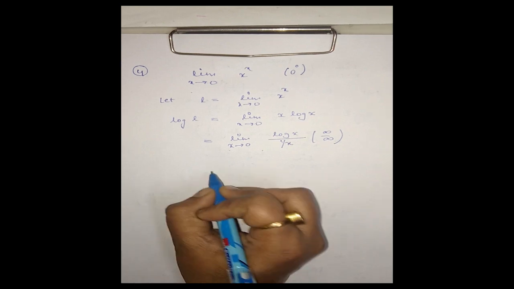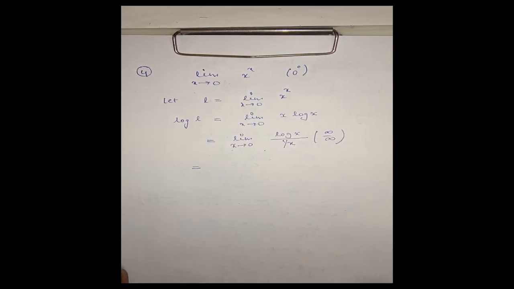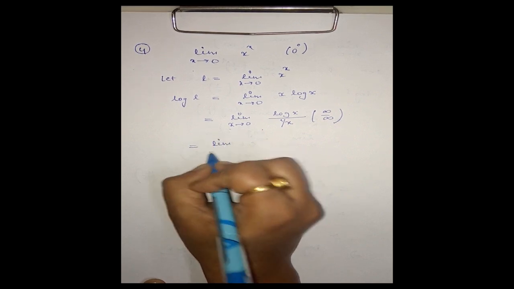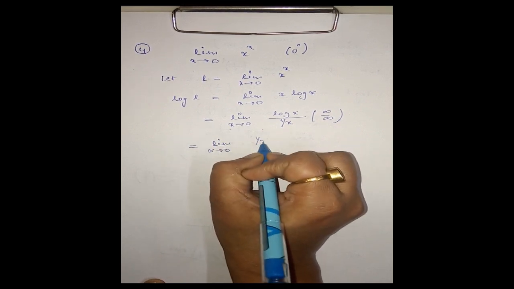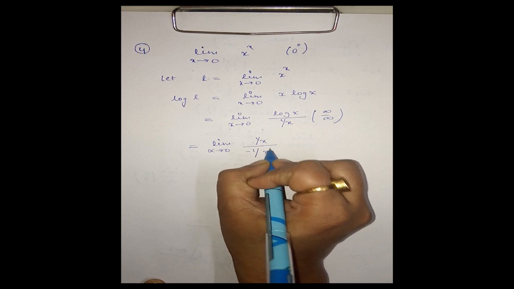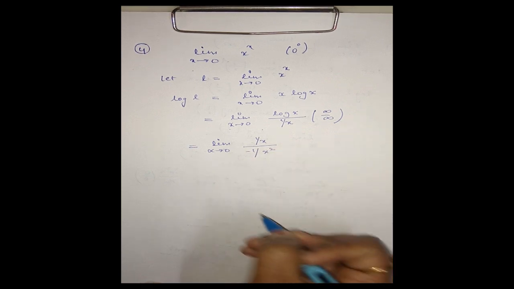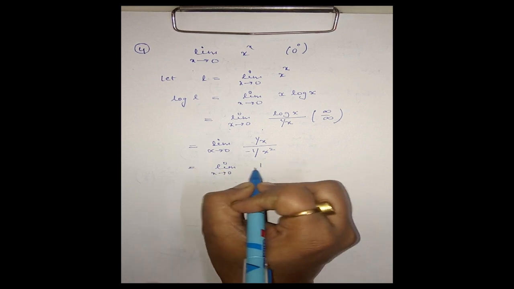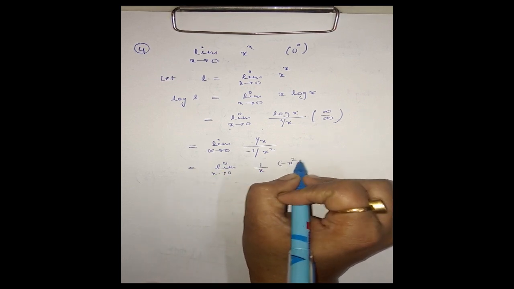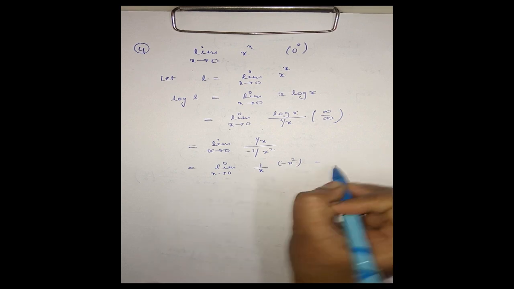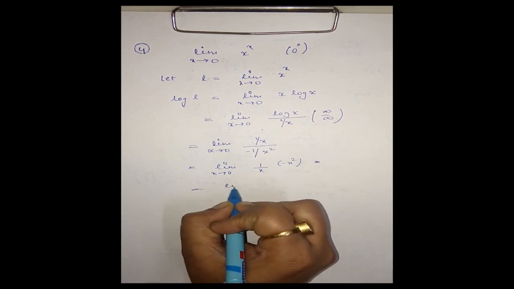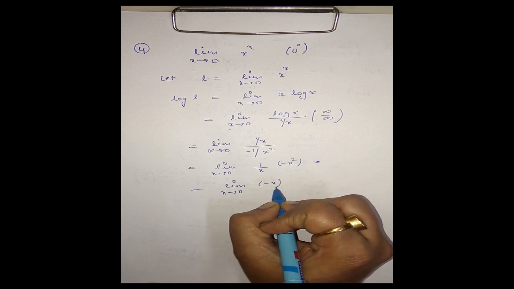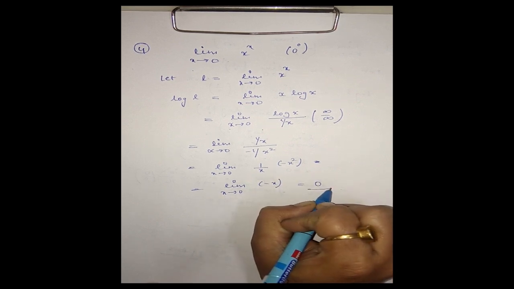Now on applying L'Hopital rule here, we have limit x tending to 0, 1 by x divided by minus 1 by x square. Now this is limit x tending to 0, minus x square by x. That is here limit x tending to 0 minus x, that is 0 only.